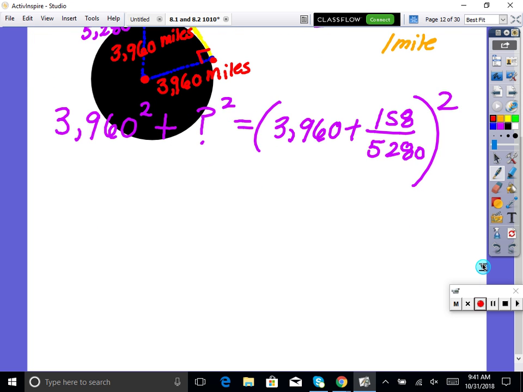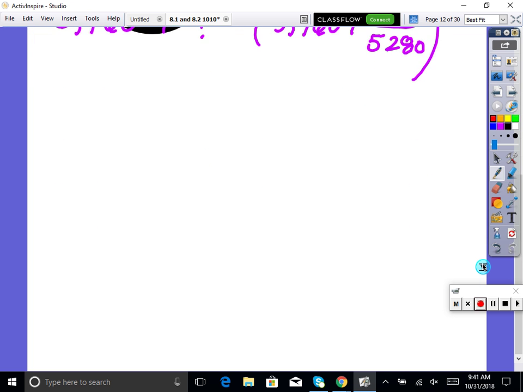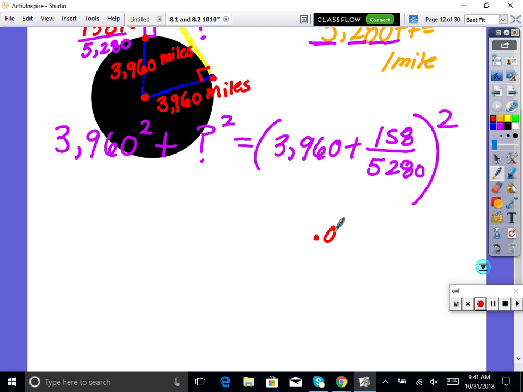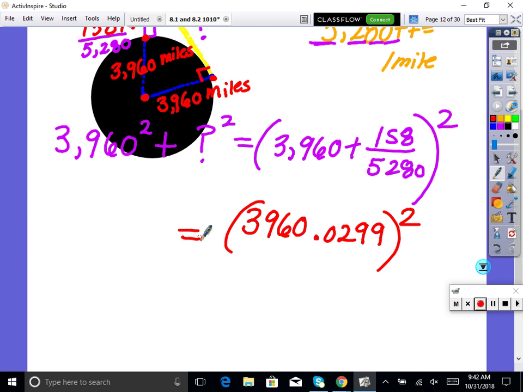So let's all practice this. Okay, so sir, you said you got this decimal? Yes. What is it? It's 0.0299. So it's going to be 3960.0299 squared. Then equals, and we'll calculate this, right?